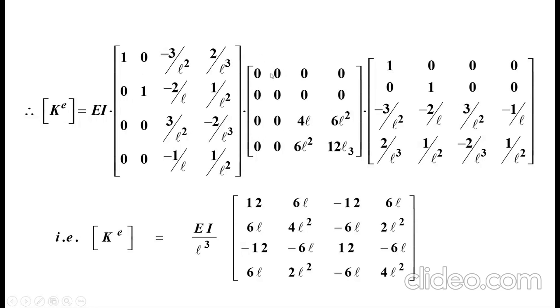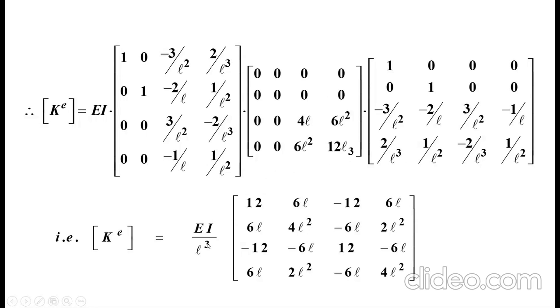The integral of GᵀG dx value will be zeros, then 4L and 6L squared, then 0, 0, 6L squared and 12L cubed. And then the B value. Here we multiply these three matrices. 4 cross 4 into 4 cross 4 gives 4 cross 4, and again 4 cross 4 into 4 cross 4 gives 4 cross 4.